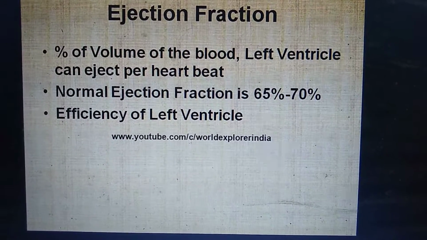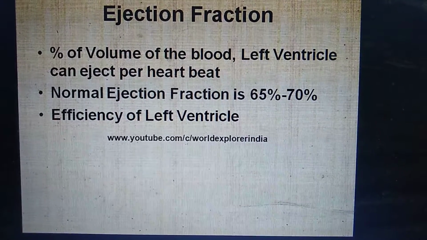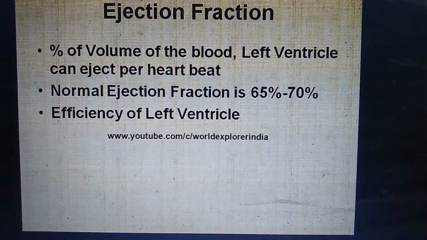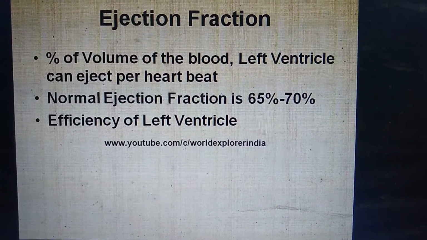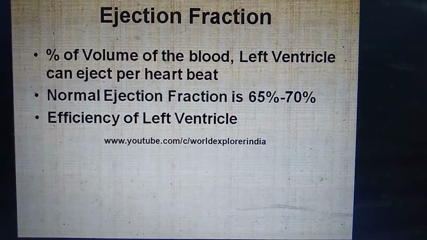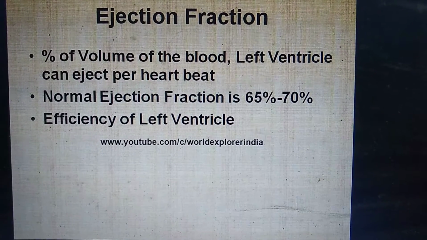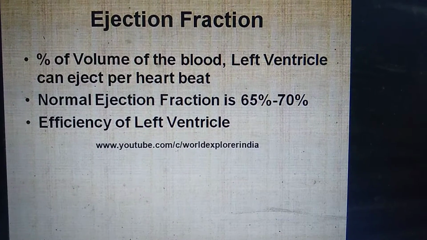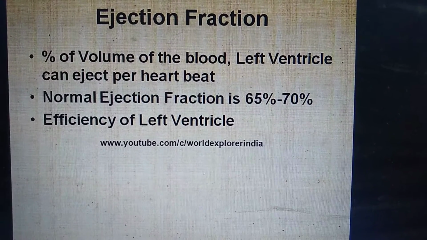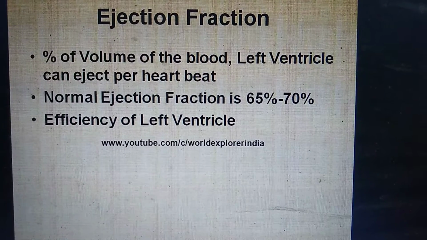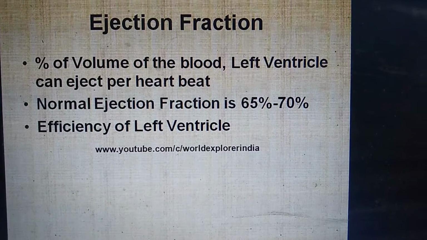In prolonged or chronic diseases, after some age the function of the left ventricle decreases because of various disease conditions such as left ventricular failure, left ventricular hypertrophy, or infections of the left ventricle. So whatever the reason may be, the left ventricle may not send the blood out into the systemic circulation. This we can find out through the ejection fraction.